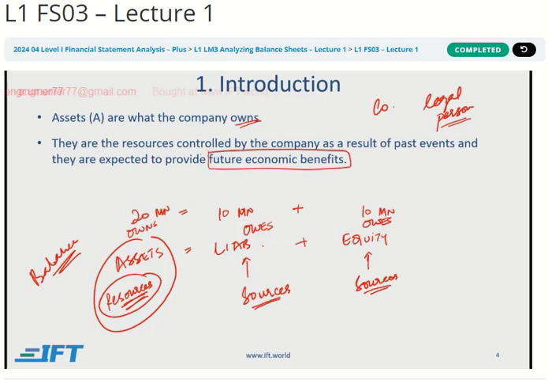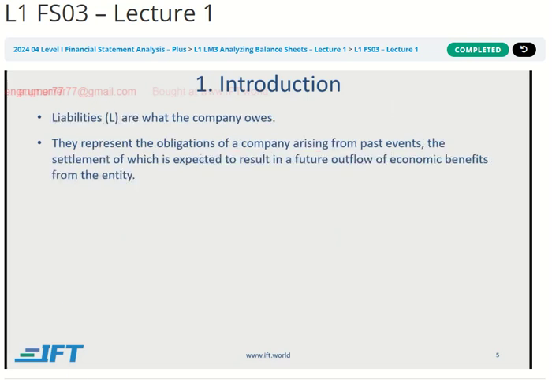The definition of an asset is anything which will give future economic benefit to the company. Whereas liabilities are anything which will result in outflow of economic benefit. Now, what does that mean?